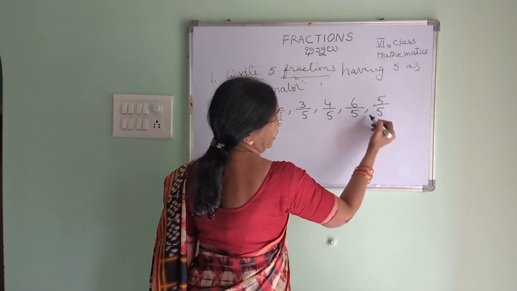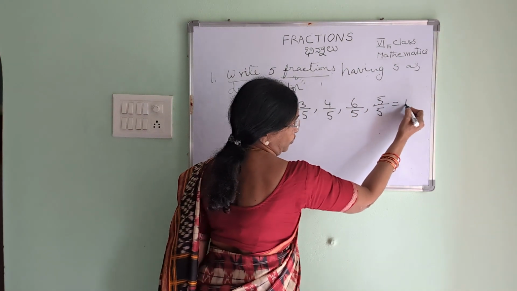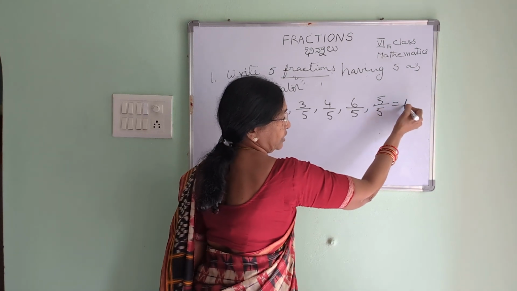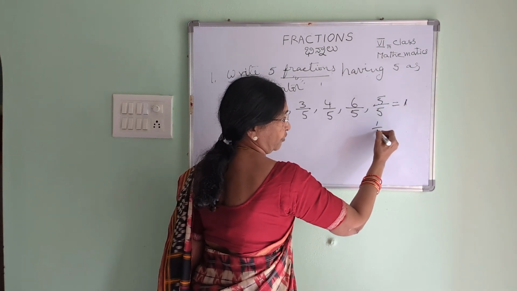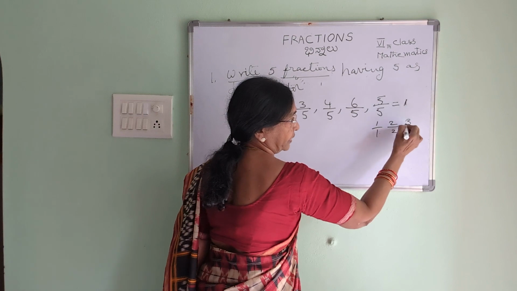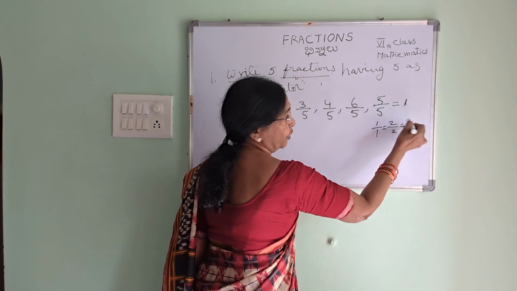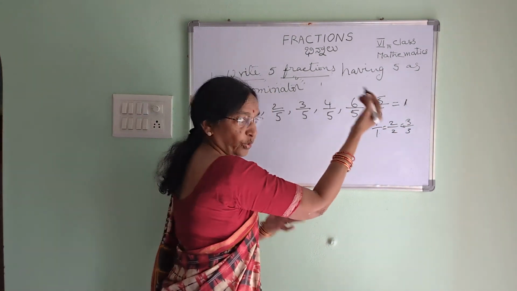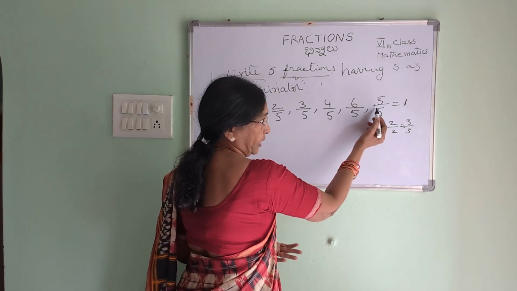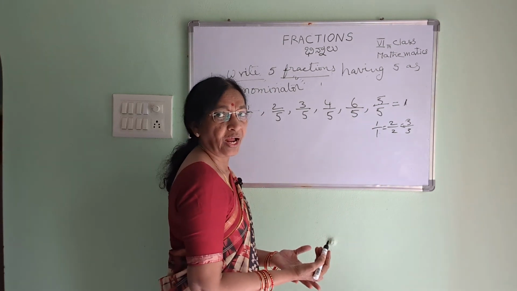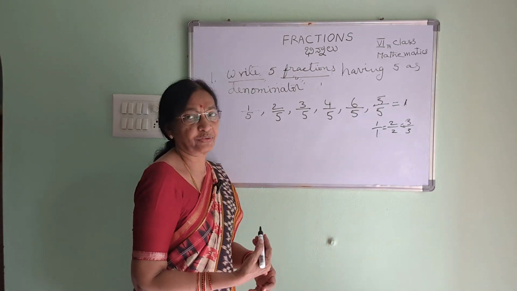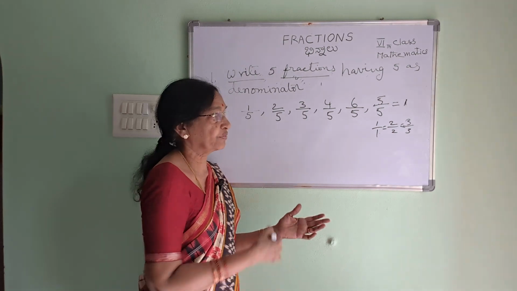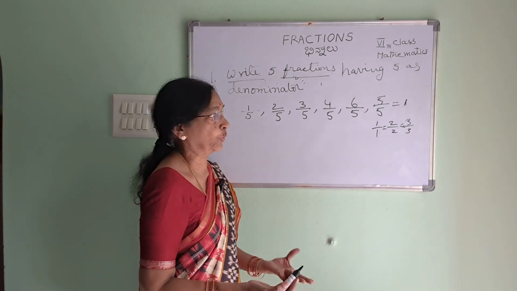But here 5 by 5 is equal to 1, and 1 is also written as 1 by 1, 2 by 2, 3 by 3. All are equal to 1, same number. That is a whole. That is, number of equal parts are 5 and the number of parts taken are 5. Whole parts are taken. Therefore, that becomes a whole.